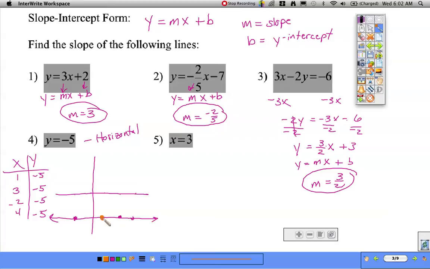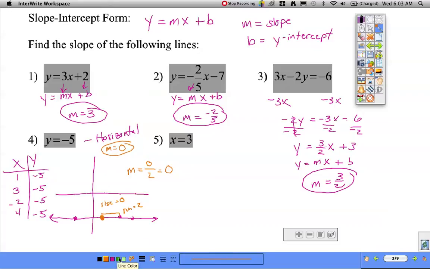If I start at this point, I'm rising 0, but I am running 2. Well, my slope then would equal a rise of 0 over a run of 2. 0 divided by 2 is 0. So the slope of any horizontal line is 0.